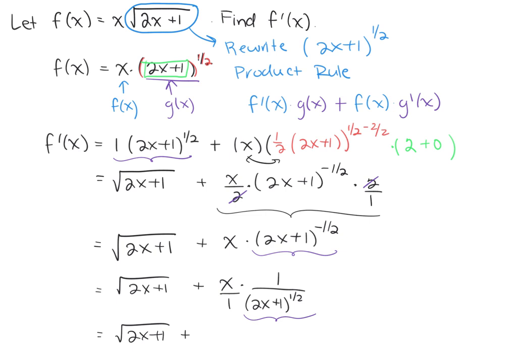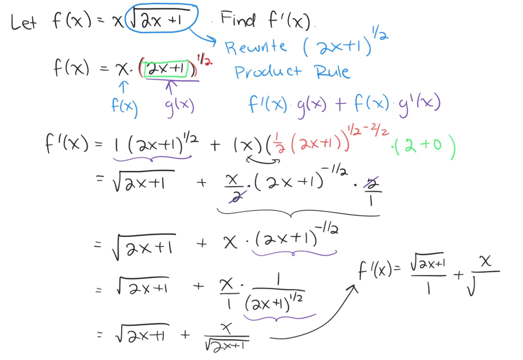So I'm going to multiply the numerator: x times 1 is x. And then in the denominator, I'm going to rewrite that 2x plus 1 to the 1/2 as the square root of 2x plus 1. Okay, I'm kind of running out of space here. So here we have f prime of x is equal to the square root of 2x plus 1, which you can think of as over 1, so I'm going to write that as a fraction, plus the fraction x over the square root of 2x plus 1.